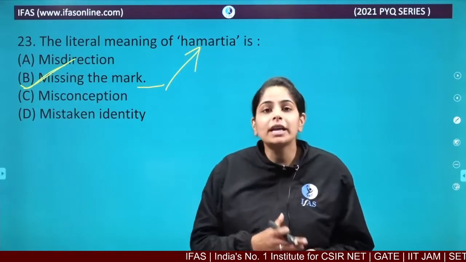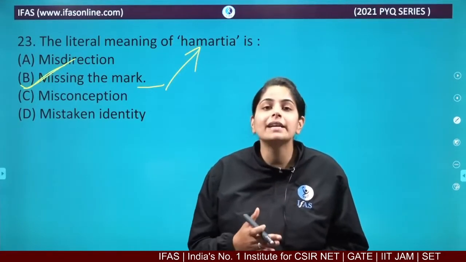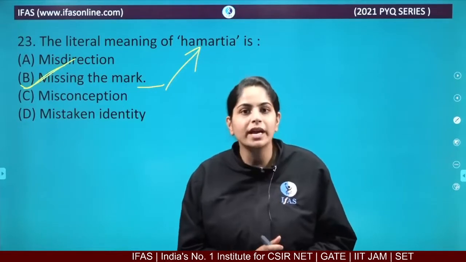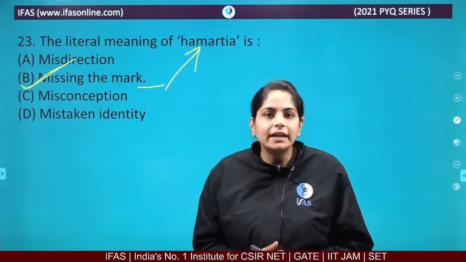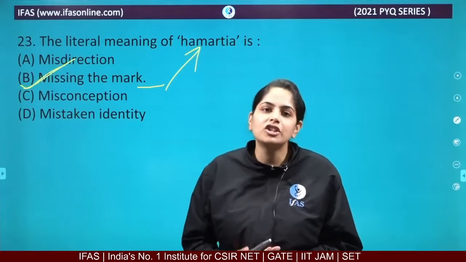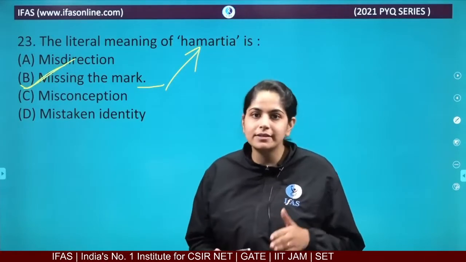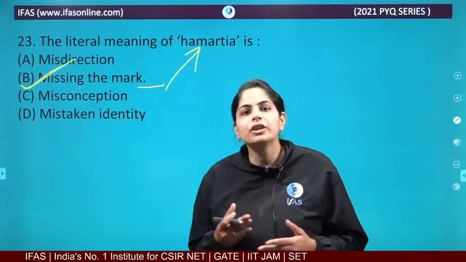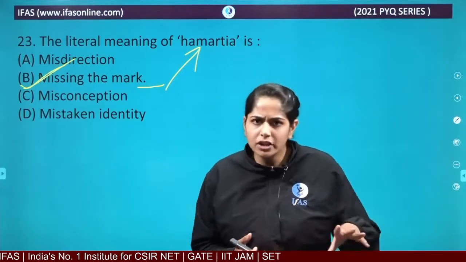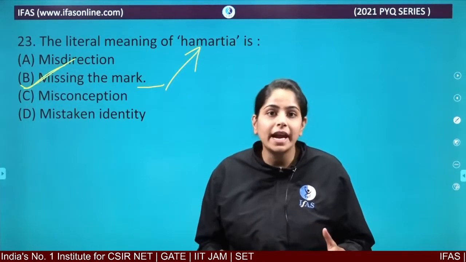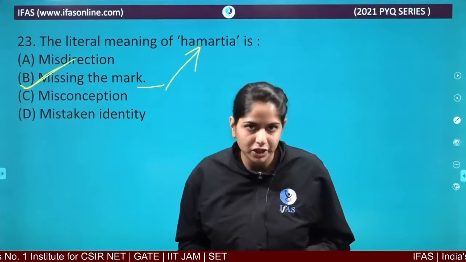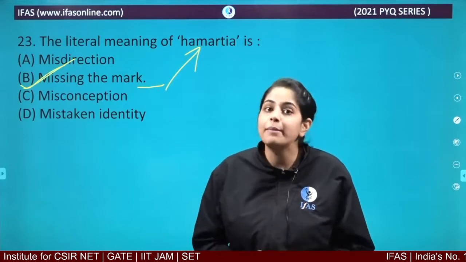He was not able to make the right decisions at the right time. That is why he missed the chance of killing Claudius at the right time, and he couldn't take revenge later on. What was the end? Everyone ended up killing each other. So that was the hamartia here.